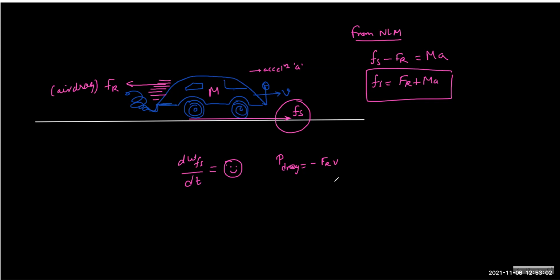So the power of the friction is 0, and the power of the drag is minus F v. If the car is giving off this much energy per second, it must be deriving the energy from somewhere. That comes from the burning of the fuel in the car, so that's from the power of the engine.